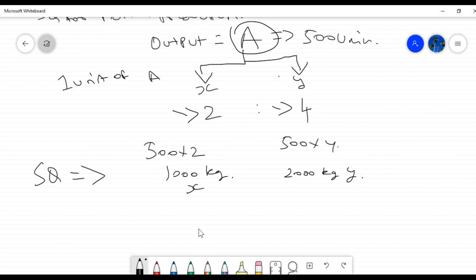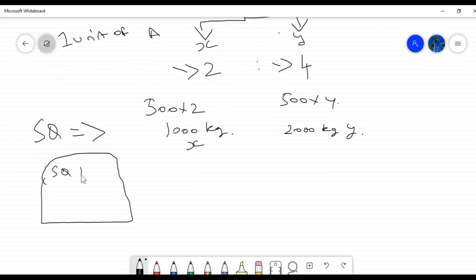Then what about RSQ? As per the formula, the first box is SQ into SP.